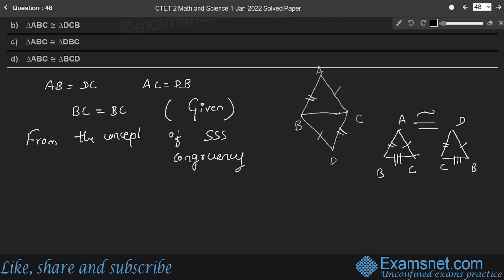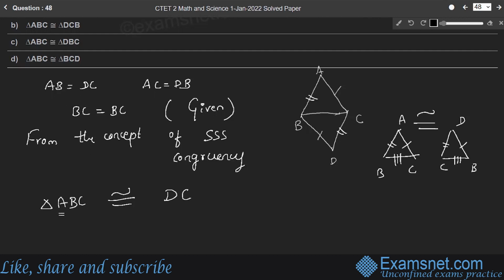From the concept of SSS congruency, triangle ABC is congruent to triangle DCB.